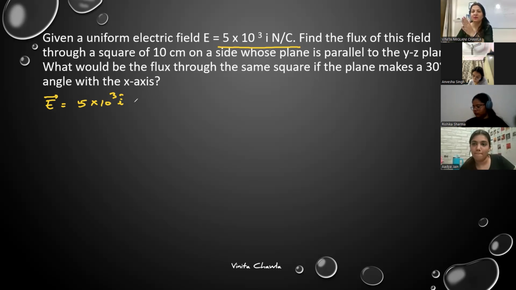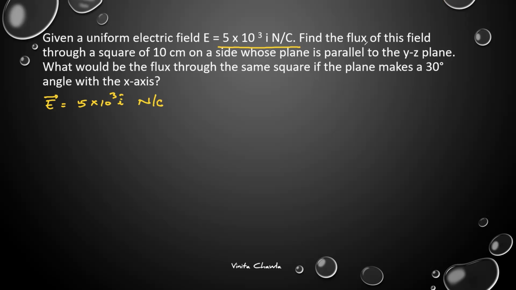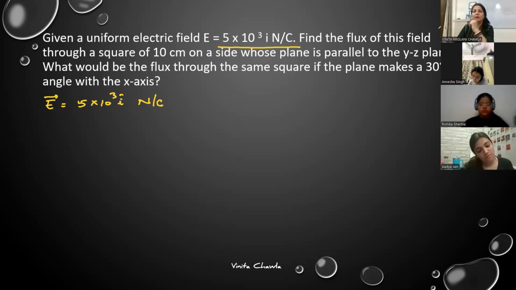That's why we have this I cap here, and the unit of electric field intensity is Newton per coulomb. Find the flux of this field through a square of 10 centimeter on a side whose plane is parallel to YZ plane. So let's draw the coordinate axis first so that we can understand it in a better way.